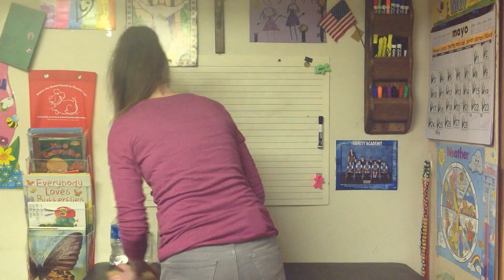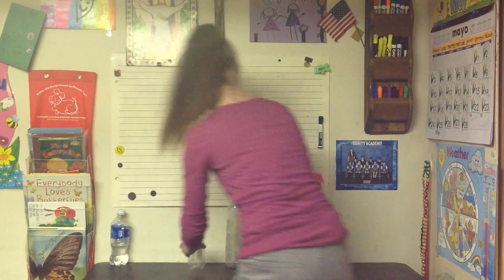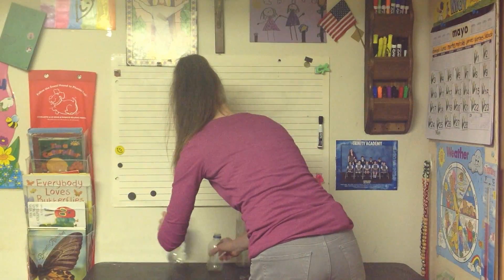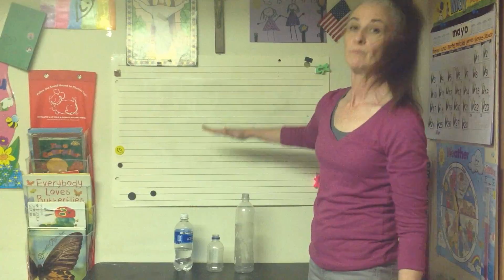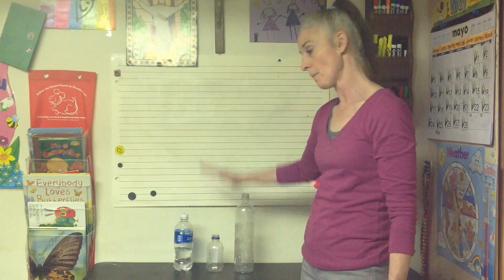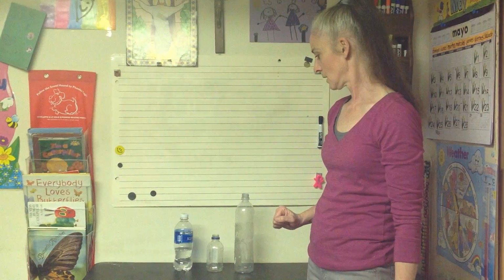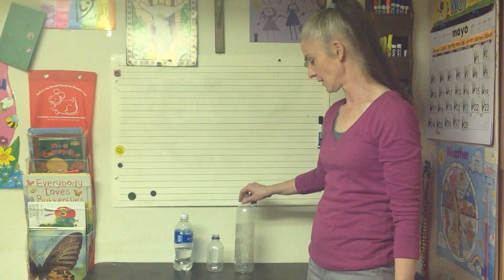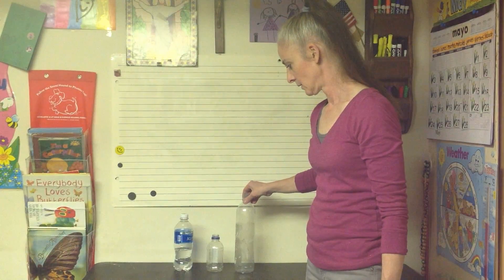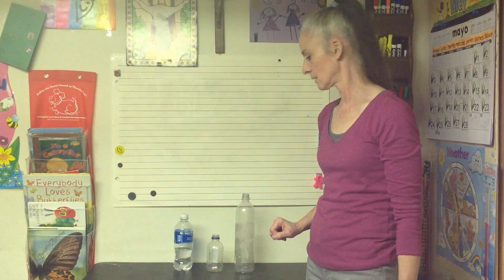And I have three water bottles. Are they the same height? From the bottom up, from the ground up, are they the same height? They are not. Which is the tallest? Right, this one. Which is the shortest? Right, this one.